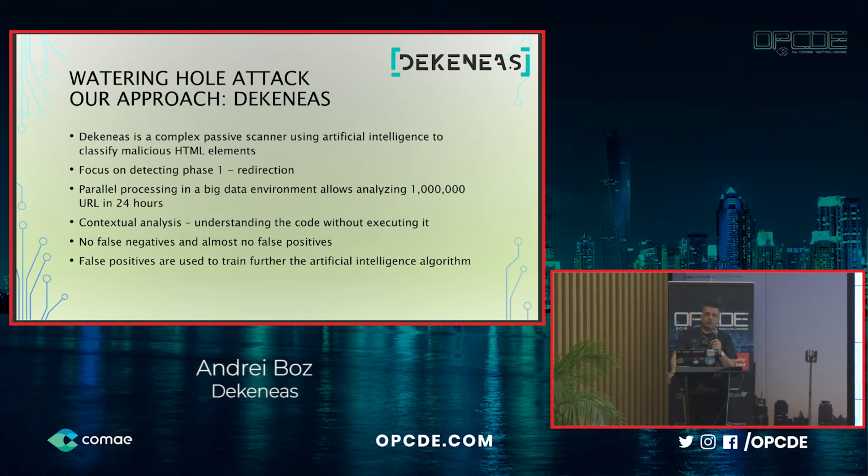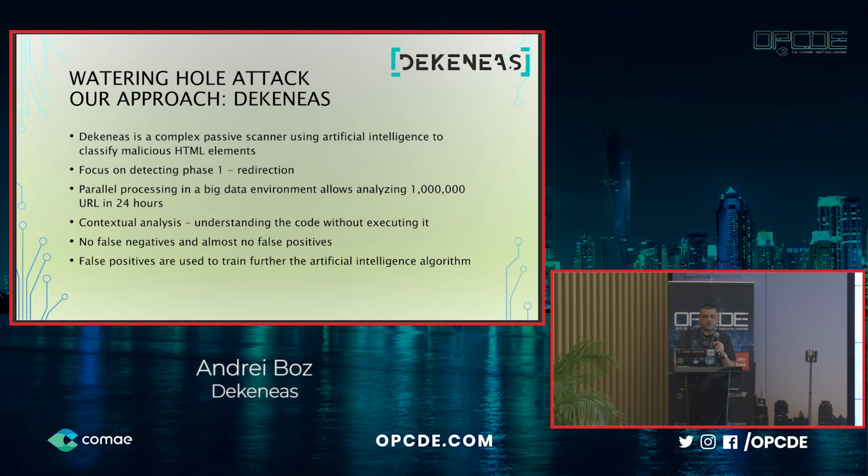Also, we introduced a new concept, which is a hybrid between static analysis and dynamic code analysis, which we call contextual analysis, which means basically understanding the code from its semantics, not running the actual code, and not only looking for certain patterns in that code, but actually trying to find the correlations and relations between the HTML instructions or the JavaScript instructions, and see how those features fit into a malicious behavior or not.